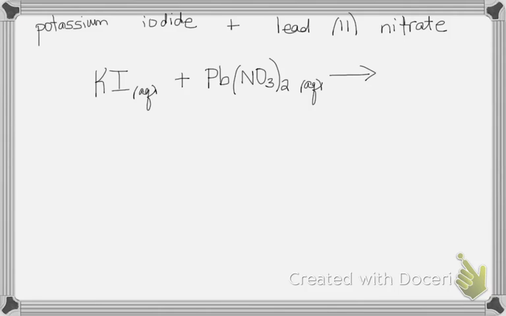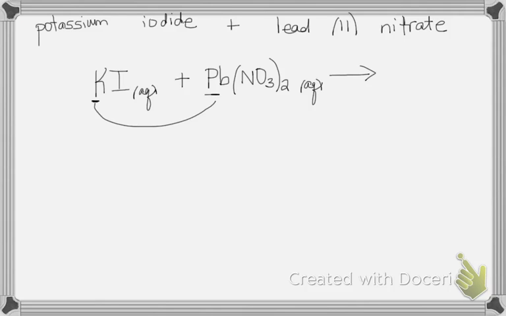What's the cation in lead 2 nitrate? The lead 2. The cations are always written first. The cations are the positives. Okay? You take the cations, the potassium and the lead, and you let them swap places. They exchange places. So I'm going to flip-flop them, and the lead is going to be with the iodide, and the potassium is going to be with the nitrate.